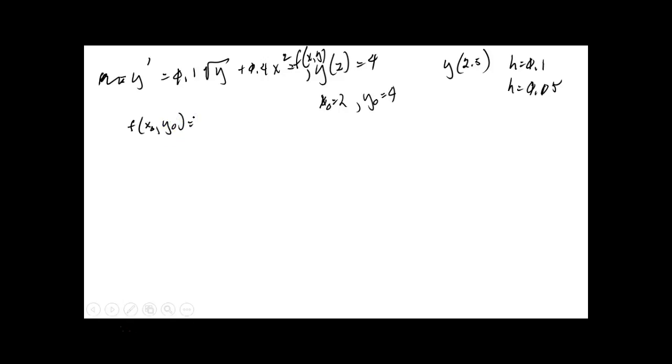It's going to be your first derivative, and that we've already done. That's going to be 0.1 times the square root of 4 plus 0.4 times 2 squared. And that's going to be 0.1 times 2 plus 0.4 times 4, which is 0.2 plus 1.6, equals 1.8.